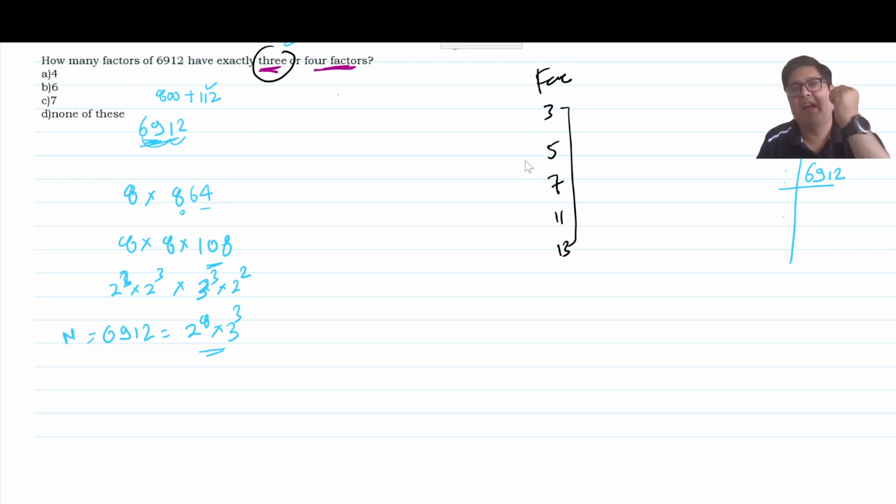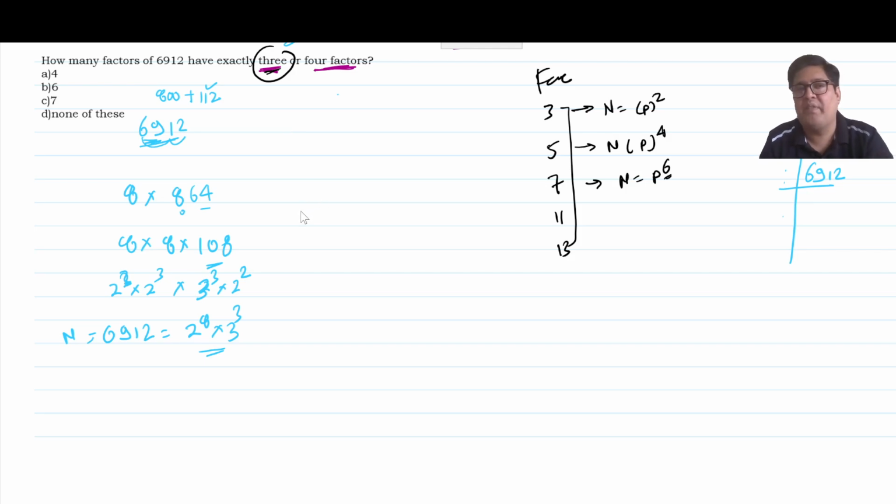The only possibility for this is the number to be a square of a prime, prime to the power 4, or prime to the power 6. So when I want 3 factors, I am looking for a number which will be the square of a prime. This is divisible by 2 square. It is also divisible by 3 square.